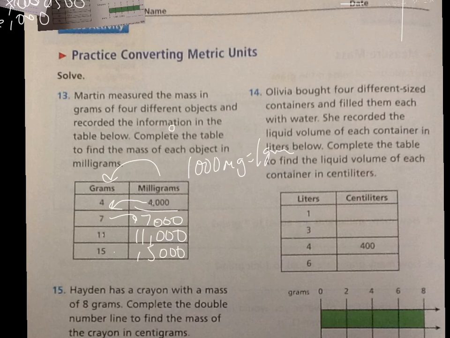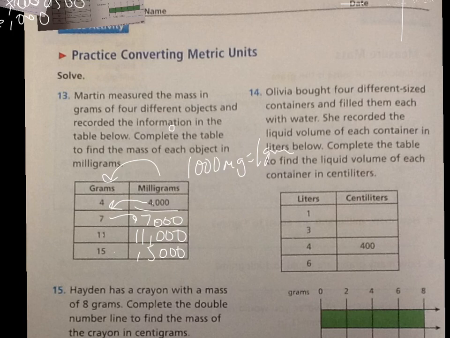Okay? Same with the next ones over here. It says, Olivia bought 4 different size containers and filled them each with water. She recorded the liquid volume of each container in liters below. Complete the table to find out the liquid volumes of each container in centiliters. Okay, I know I showed you the graph of grams.